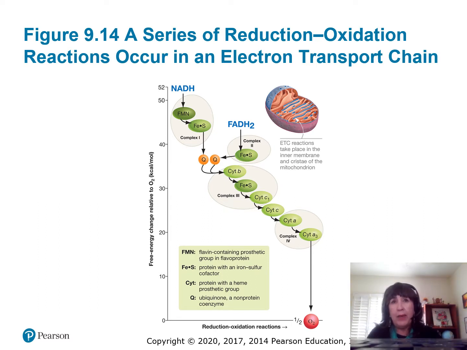So notice here we have iron and sulfur and cytochrome C and ubiquinone. Now notice that this is a prosthetic group, and here is a coenzyme, and these are cofactors. I sometimes feel tired, and doctors will prescribe iron. So now you know why you need iron, because iron is used to help harvest energy in step 4, the electron transport chain.